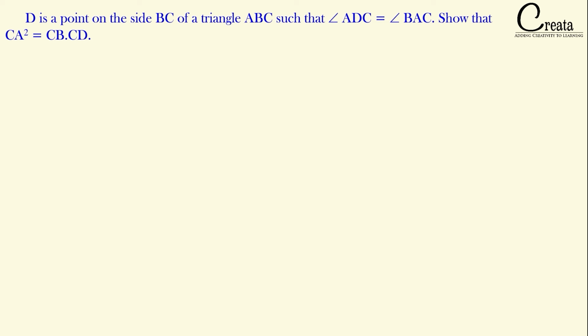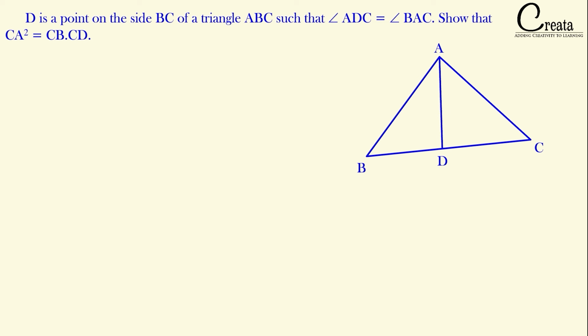Let's understand the question. We are given a triangle ABC, and also we have a point D on the side BC. Let's join A and D. So here we have a big triangle ABC and also two small triangles ABD and ACD. Further, it is given that angle ADC is equal to angle BAC.